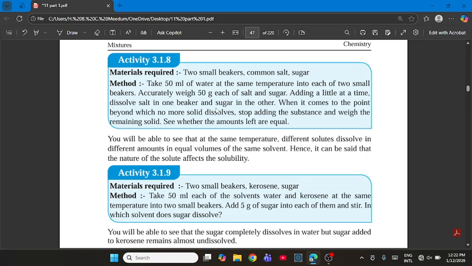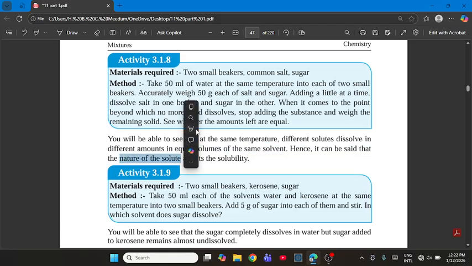You will be able to see that at the same temperature, different solutes dissolve in different amounts in equal volumes of the same solvent. Hence, it can be said that the nature of the solute affects the solubility. So, one factor that affects the solubility is the nature of the solute.